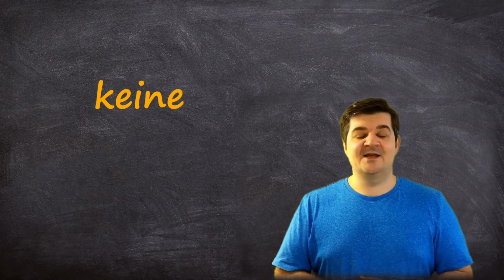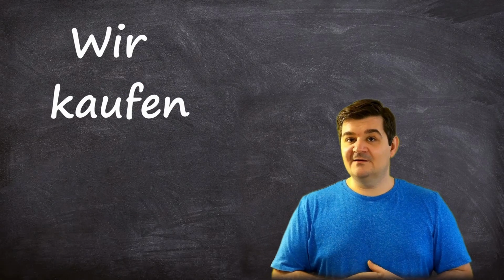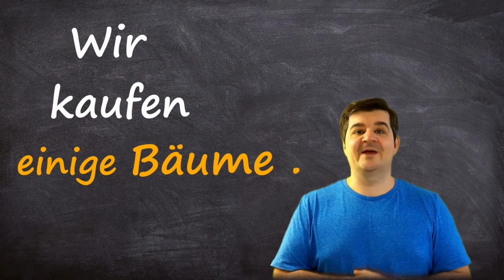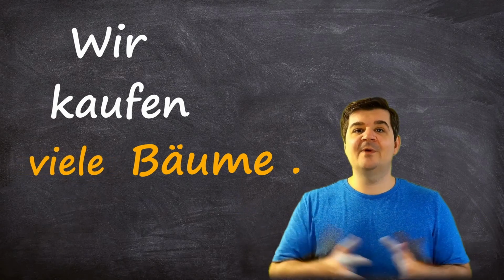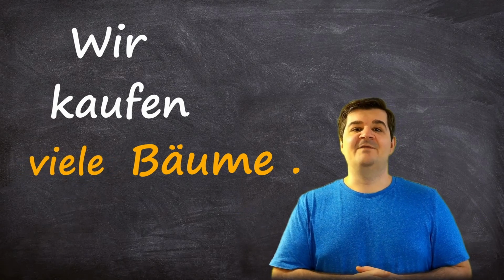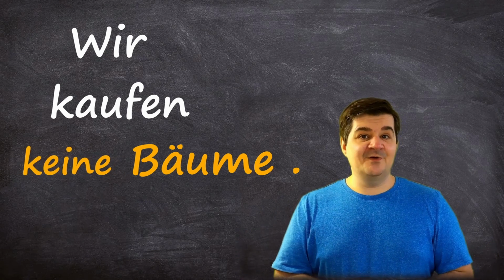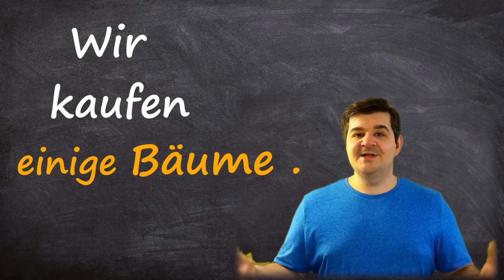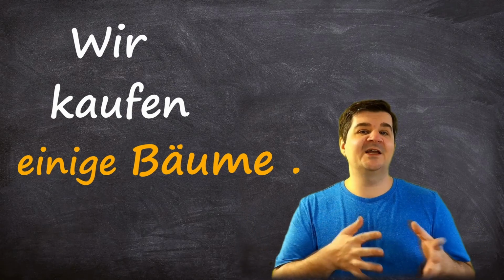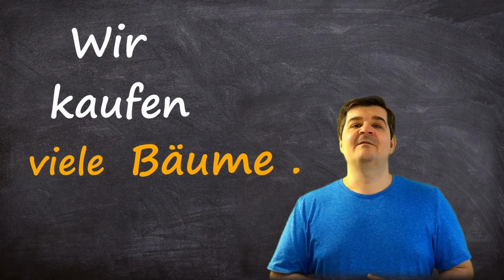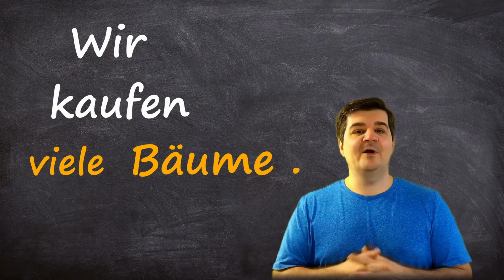So you will say, wir kaufen einige Bäume, wir kaufen viele Bäume, and wir kaufen keine Bäume. To translate: we buy some trees, wir kaufen einige Bäume. We buy many trees, wir kaufen viele Bäume.